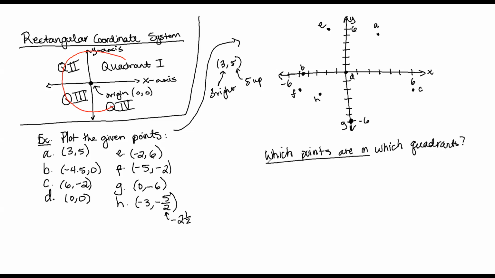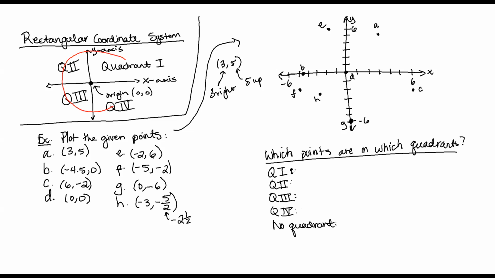So we're going to have the option of quadrant 1, quadrant 2, quadrant 3, quadrant 4, and then no quadrants, because there are some that are on an axis, which is not actually part of a quadrant. So see if you can figure those out.